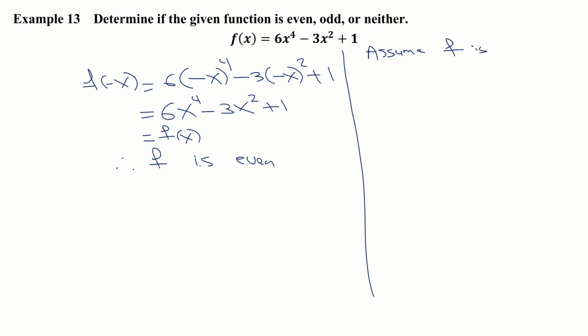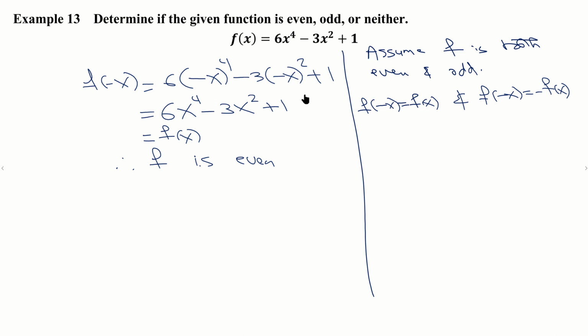Assume f is both even and odd. What does that mean? That means f of negative x equals what? f of x, because of the fact that f is even, and f of negative x is also equal to negative f of x, because f is also odd, right?